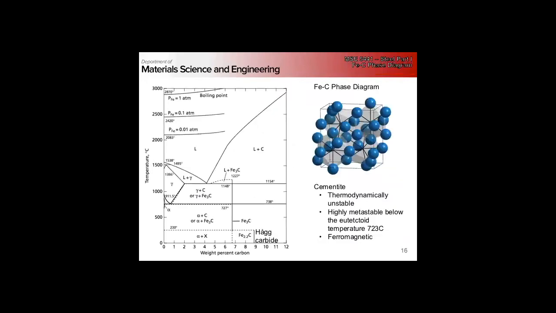You should know the basics of the iron-carbon phase diagram, right? You don't necessarily need to know the exact temperatures, right? But you should know that the eutectoid temperature is going to be about 730, depending on the exact alloy composition, right? And the eutectoid, sorry, is slightly to the left of 1 weight % carbon, right?